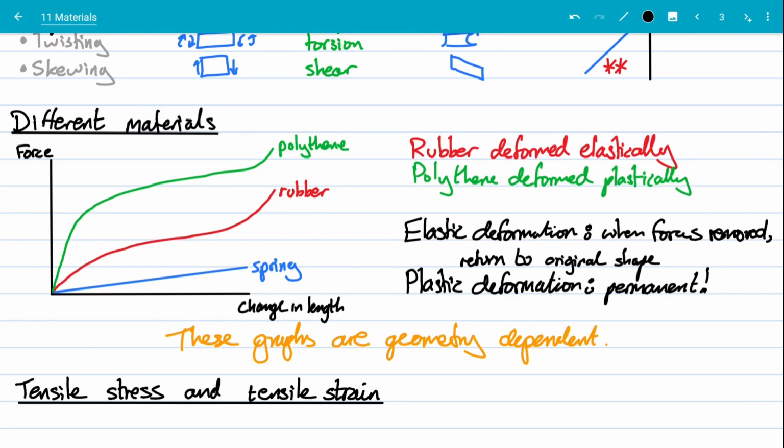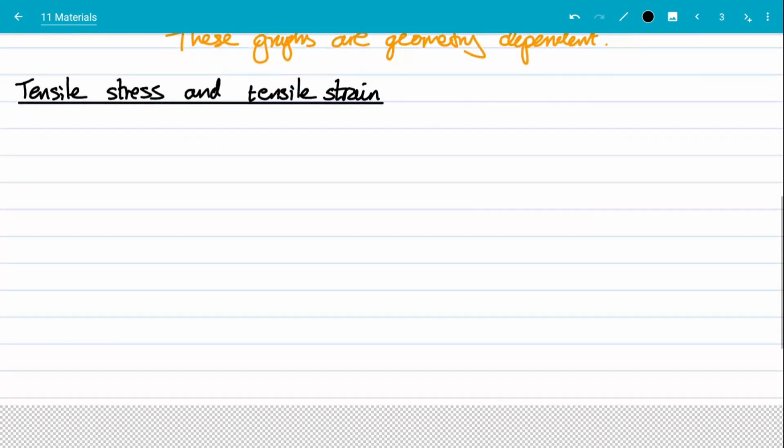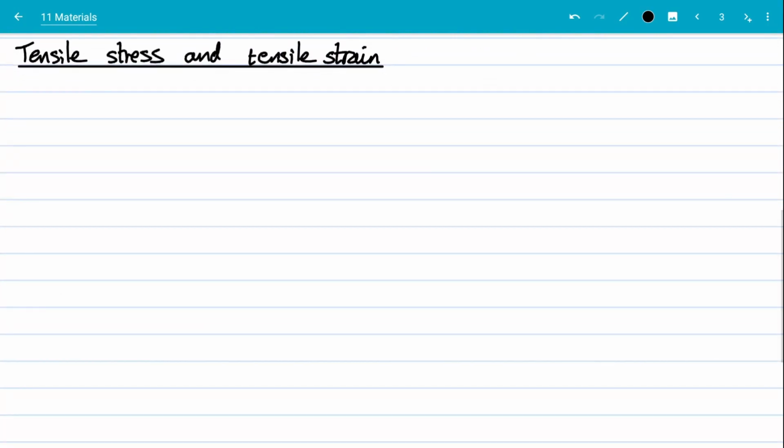Now, we already know from last lesson that if I double the length of a piece of material, it is as though I placed two of them in series, and that has the effect of halving the spring constant and thus doubling the extension that I get for a given force. So let's make a note of this.